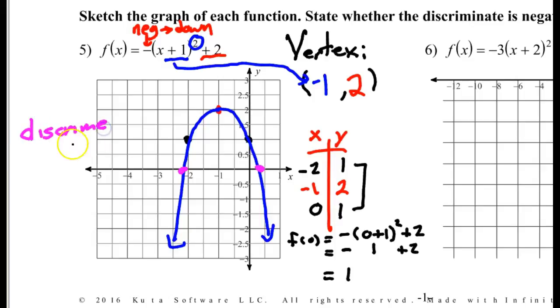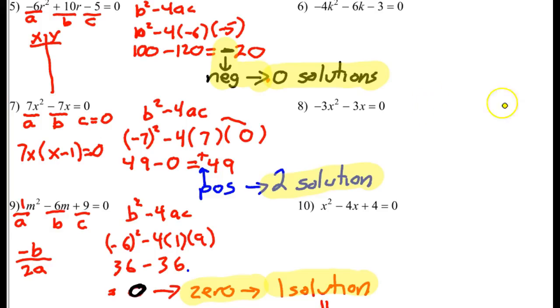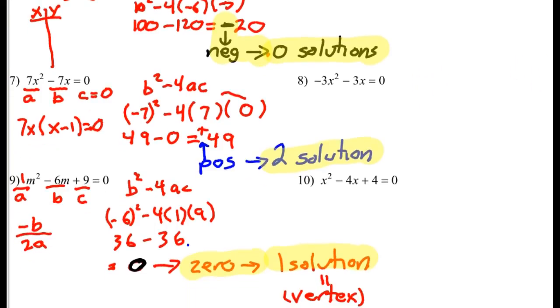It's positive. So the discriminant is positive. I don't know what the number is. I don't know if it's positive 16 or positive 500, but I do know, because there are 2 solutions here, that 2 solutions means positive.